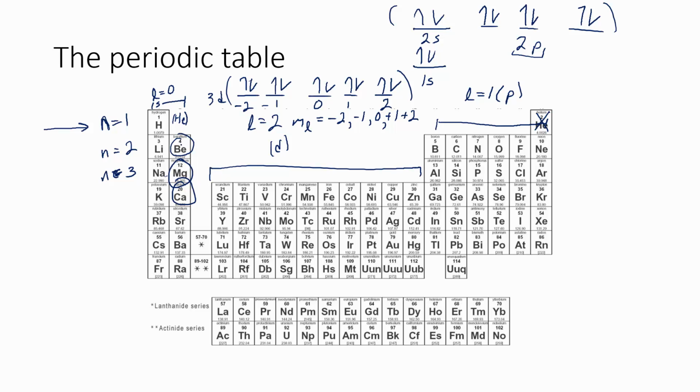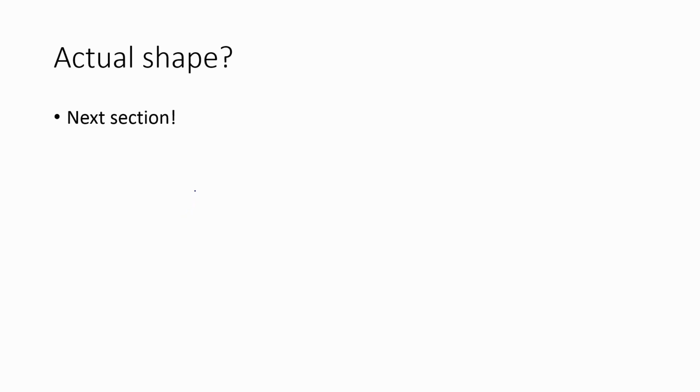Okay? So in this case, the second electron in an s-shaped orbital. 2s for beryllium, 3s for magnesium, and 4s for calcium, respectively. So in the next section, we're going to talk about what these shapes actually look like and start to designate a little bit more what these shapes mean in terms of reactivity.